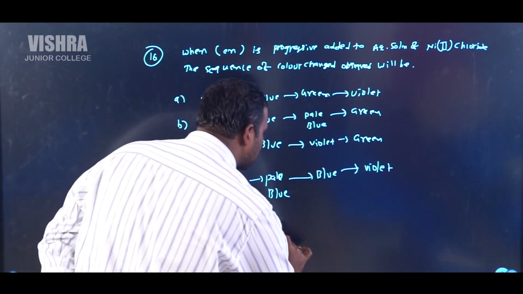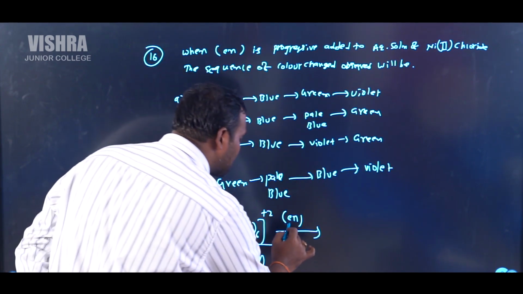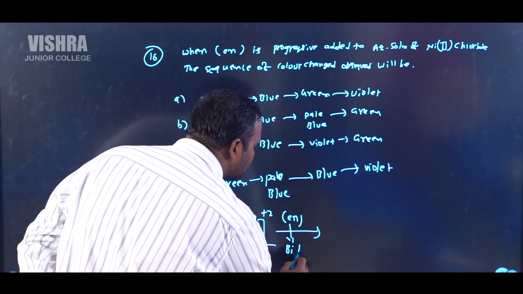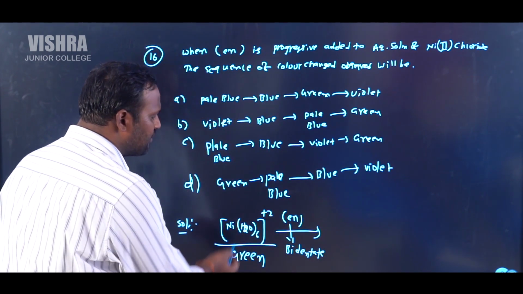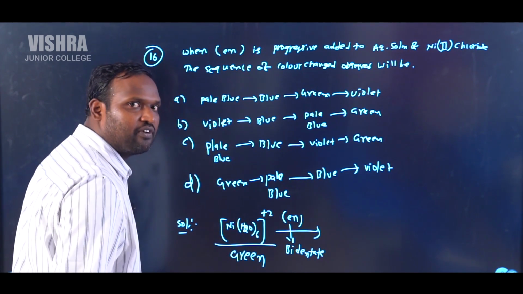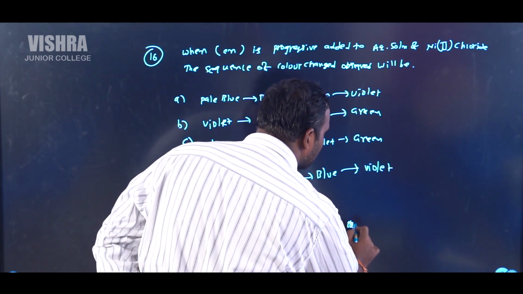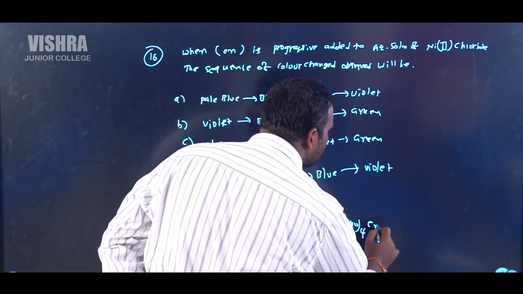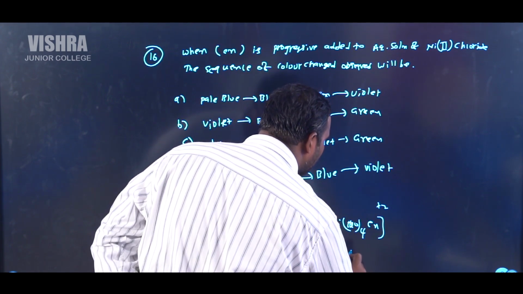Whenever this compound is treated with ethylene diamine, which is a bidentate ligand, 2 water molecules are replaced by 1 ethylene diamine. So that gives Ni(H2O)4(en) 2+. The color of this complex is pale blue.